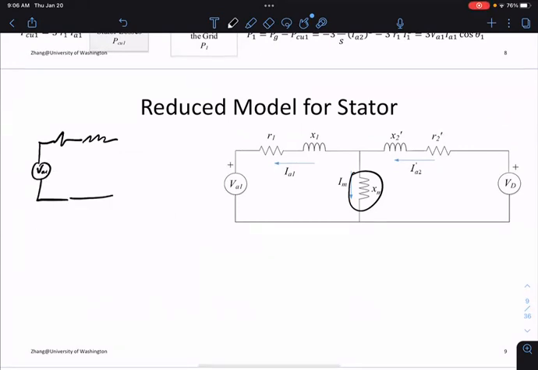Looking into this side, we have XM, X1, R1, and VA1. We can do a Thevenin equivalent reduction because the voltage VA1 is always constant. That's a grid voltage; we're assuming it's not going to change.